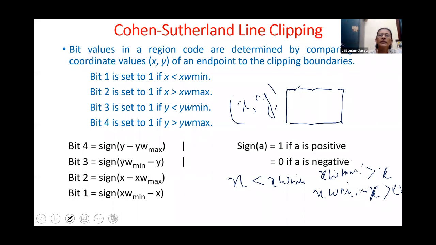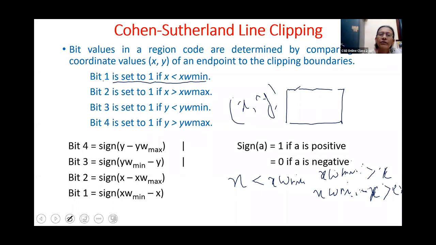So this bit will be set to 1 if the sign of xw min minus x is positive. That is, if you calculate the value of xw min minus x, if the value is positive, then the bit is set to 1. If the value is negative, then the bit is set to 0.